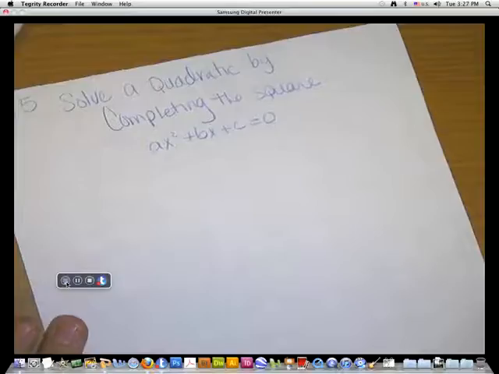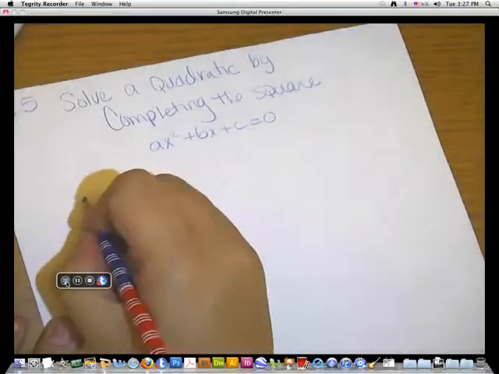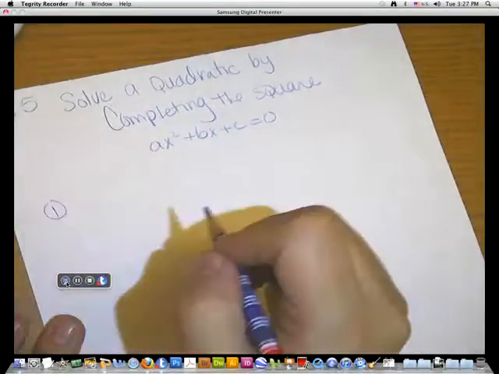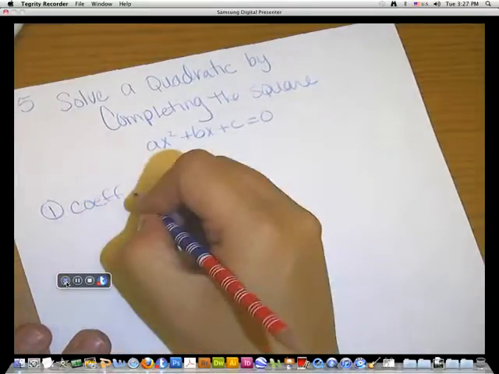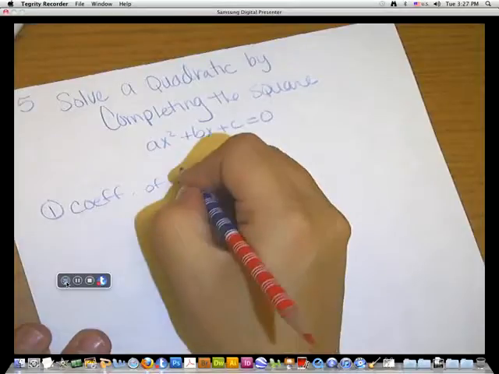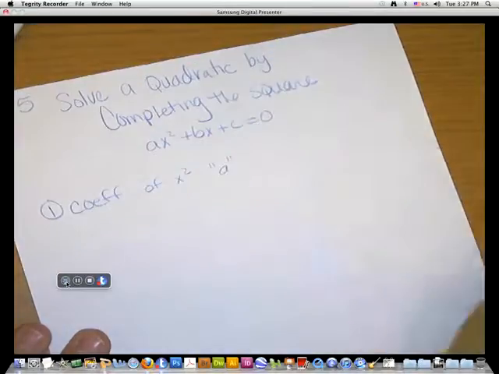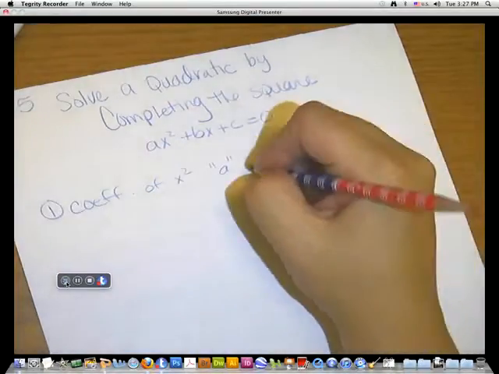So the very first step, step 1, is that when we complete the square, the coefficient of the x squared, meaning the a, must be 1.